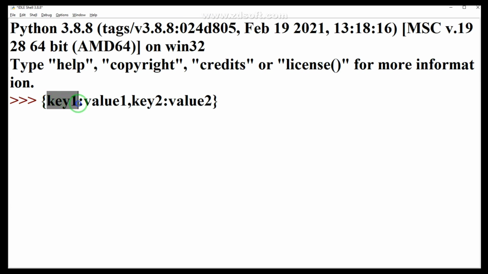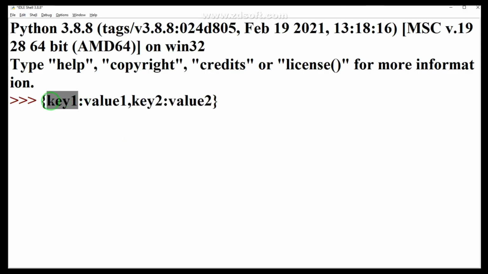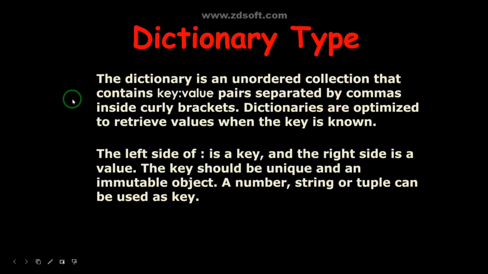You can write duplicates, but only one occurrence of the key will be considered. Another point is the key must be an immutable object, like a string or a tuple, as we discussed immutable objects in previous classes.